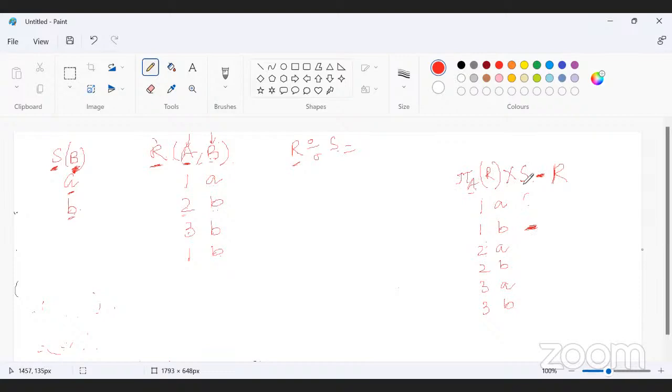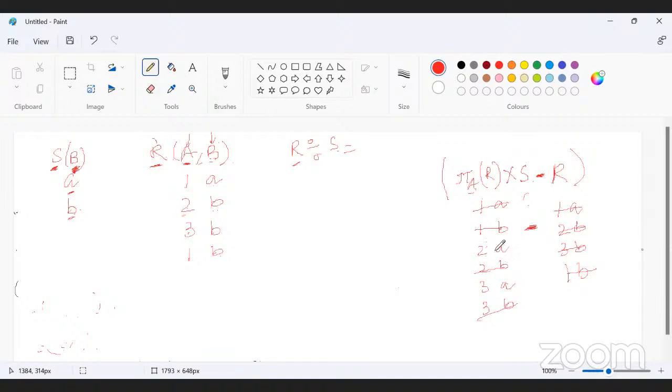That is this whole expression, the output of that whole expression is this, and the R is this thing. So if you minus this 1A, 2B, 3B, and 1B, then what will be the final output of this whole expression? So you cancel out this thing. 3B also cancels, and the 1B is also cancelled.